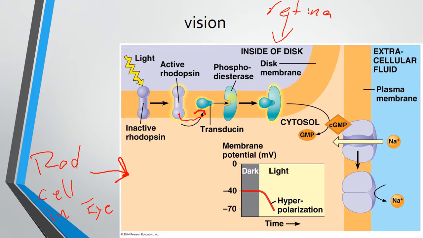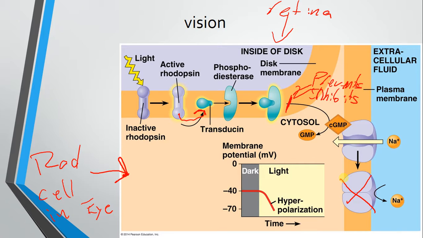What phosphodiesterase does is it inhibits the conversion of guanosine triphosphate into cyclic guanosine monophosphate, or cGMP. What that does is it closes a sodium ion channel.